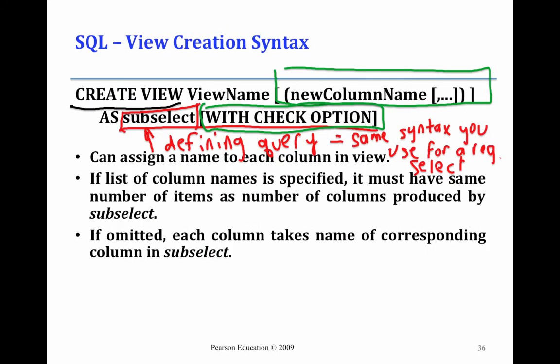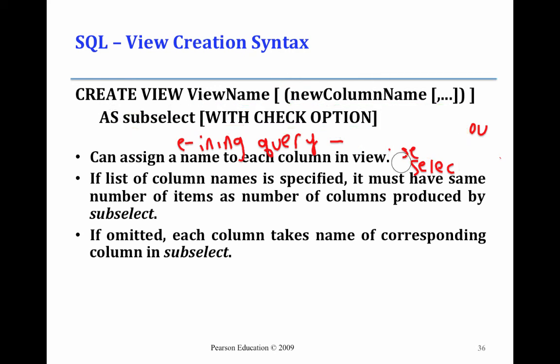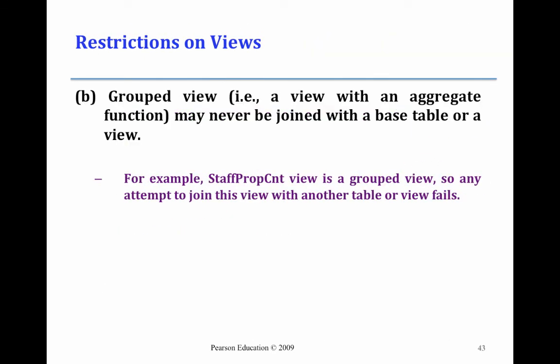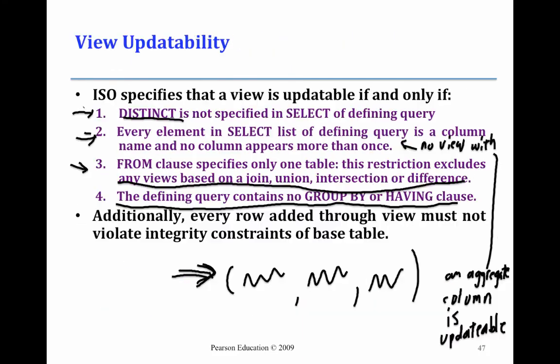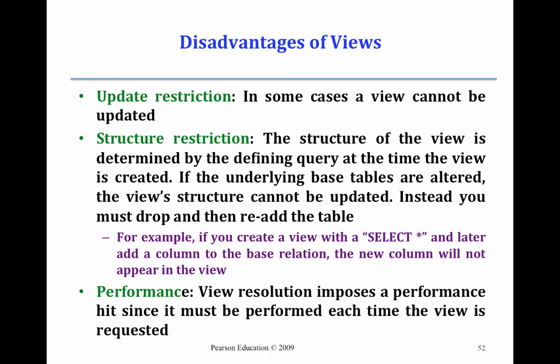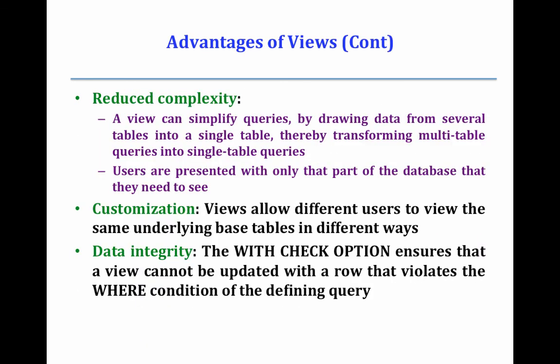Right there I said don't worry about this with check option right now, but you can specify it, and when you specify that, it ensures that a view cannot be updated with a row that violates the where condition of the defining query.